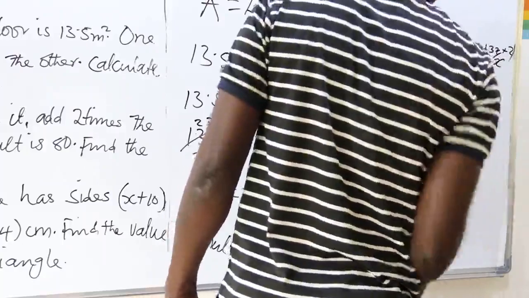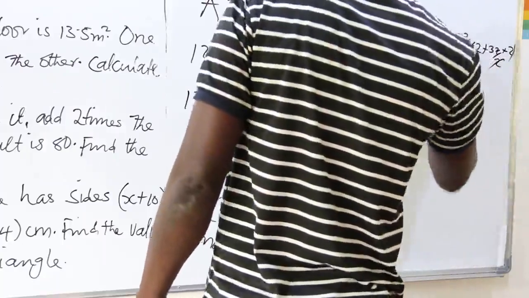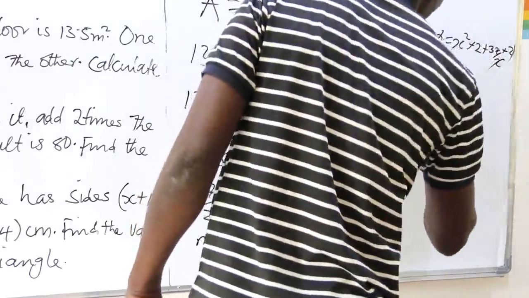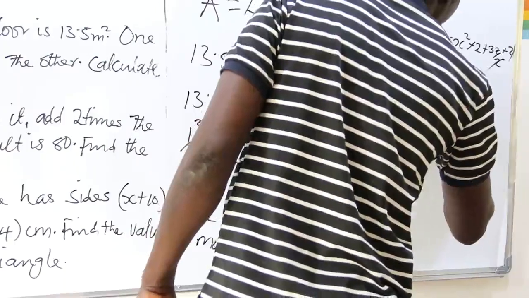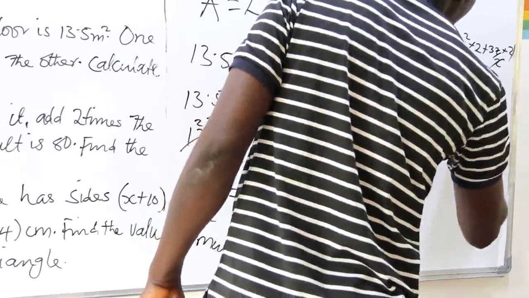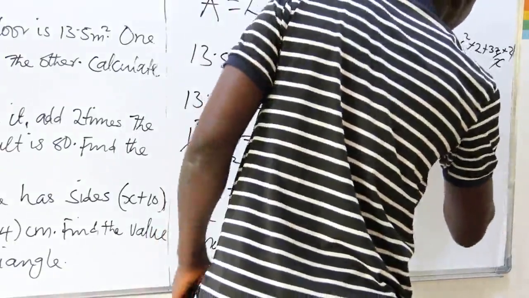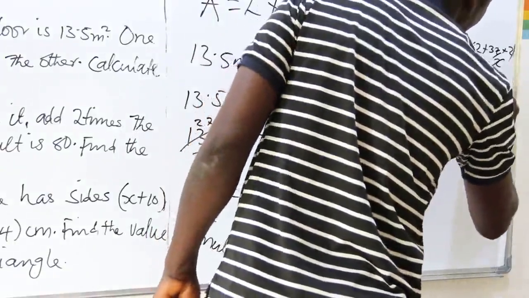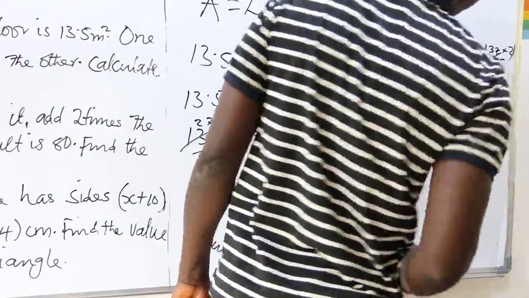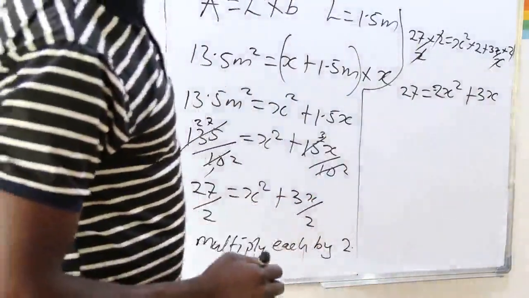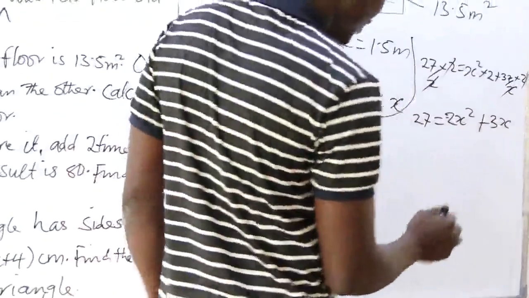These two will cancel these two. This one will cancel, and we have 27 is equal to 2x squared plus 3x. Now let's rearrange the equation.